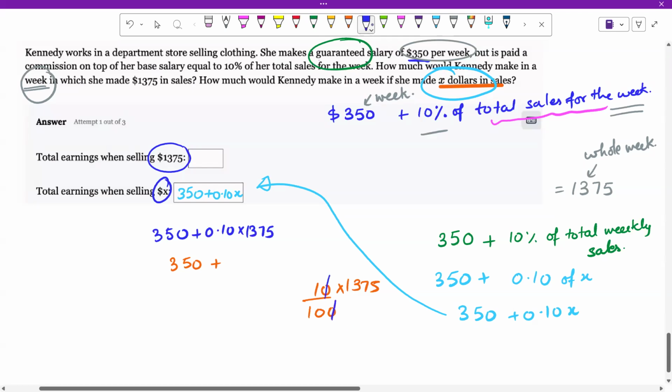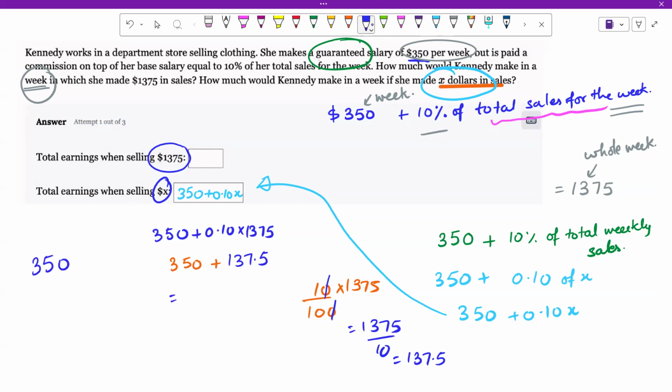We can cancel out the zeros. We're getting 1375 over 10. What is the answer for this? 137.5. So adding the 350, how much is this? 487.5.